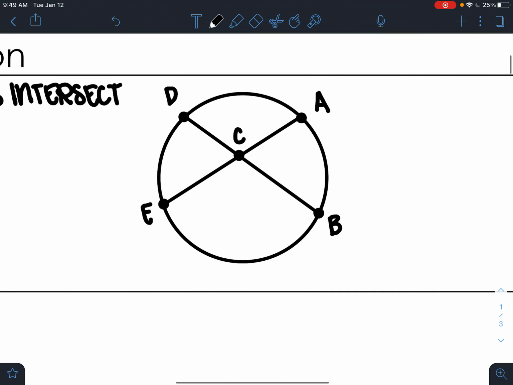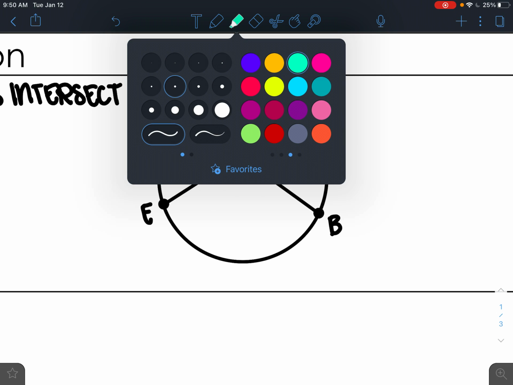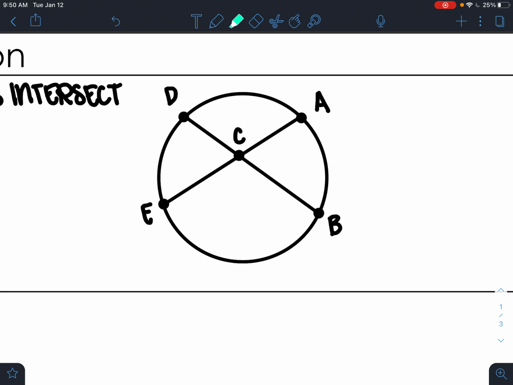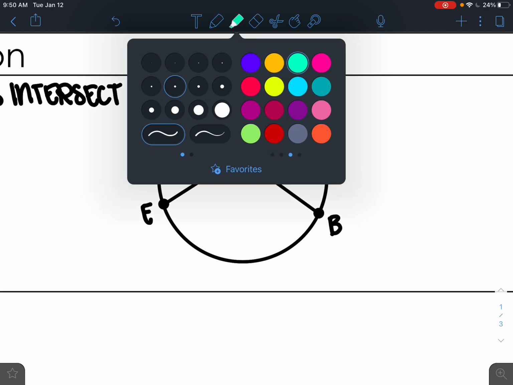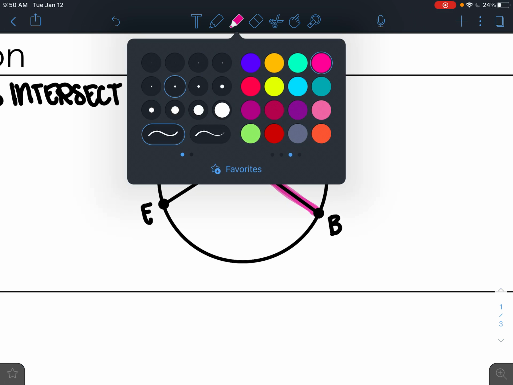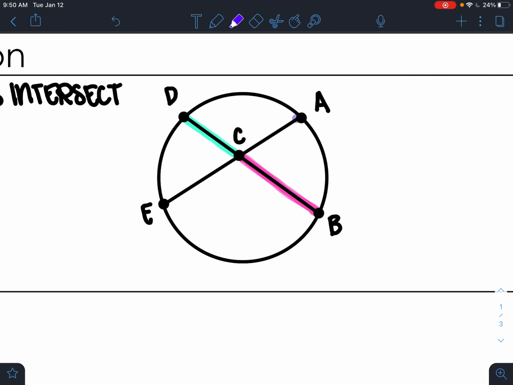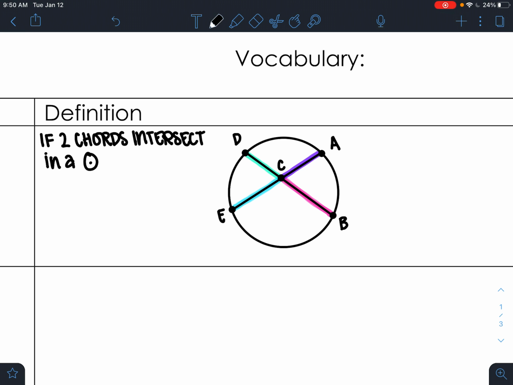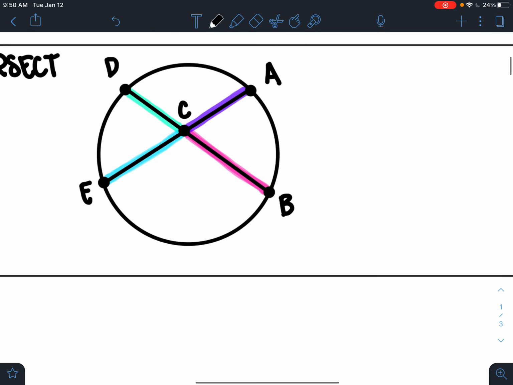What I want you to look at are the individual segments within those chords. For example, chord DB is split into DC and CB, and the other chord is split into AC and CE. We're talking about the lengths of these segments.